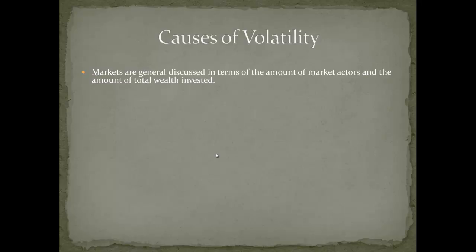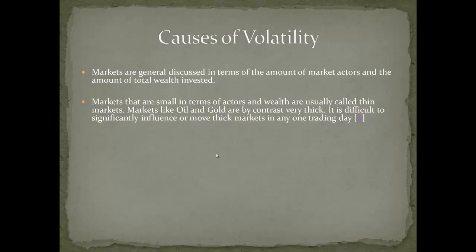And these two factors, along with all the connectors of that market to outside entities like governments, if it's a commodity market, maybe how the commodity is produced, the weather, etc., combine together to give you a sense of volatility. Markets that are small in terms of their actors and wealth are usually called thin markets. Thin markets are very volatile.